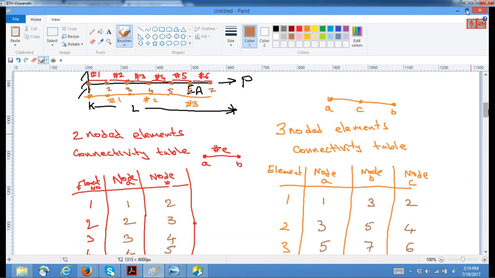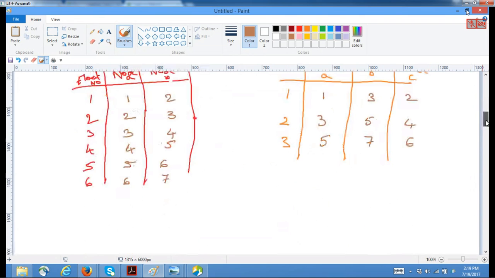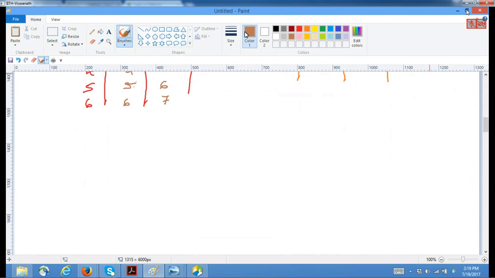This is our connectivity. And we have seen last time that the shape functions would be defined in the corresponding cases. In this case, U tilde is nothing but A0 plus A1x.